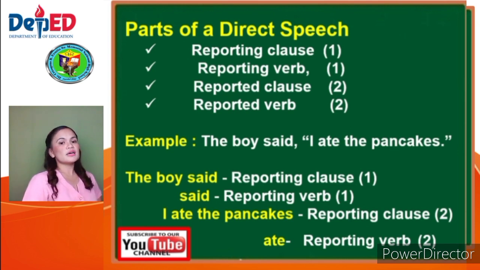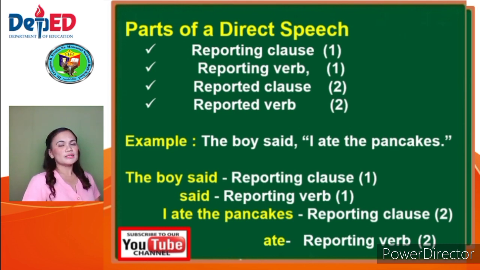Remember also that the two clauses are separated by a comma. Keep in mind that when using direct speech, you are to say exactly the words of the speaker. That is why quotation marks are used, to indicate that you have not changed what the speaker said.